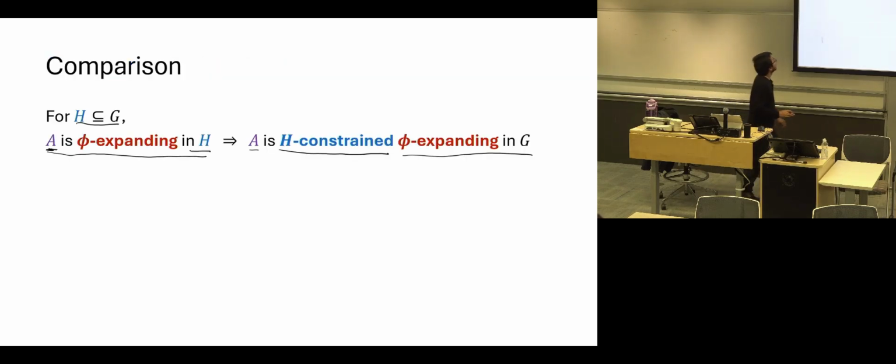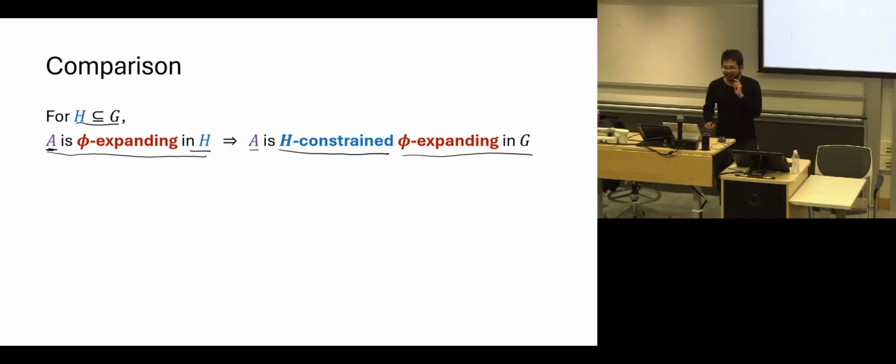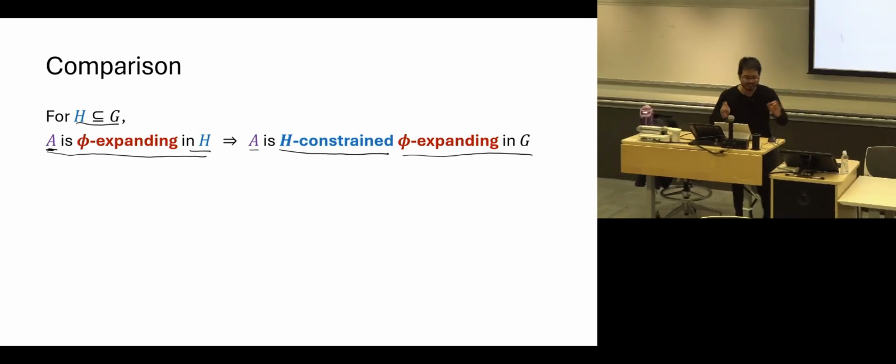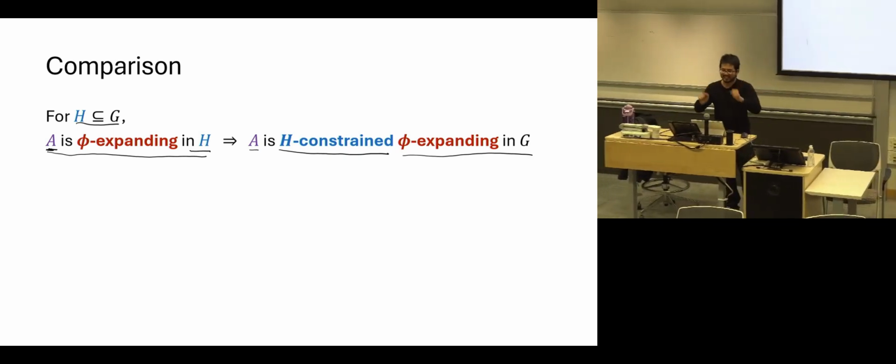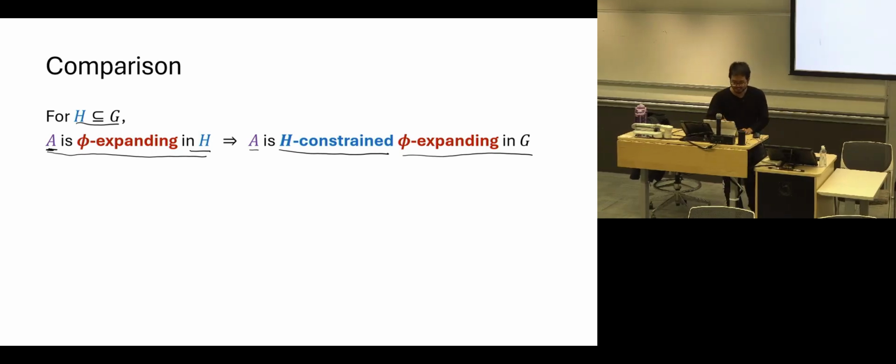Like, when A is expanding in H, we just try to route demand that is H-constrained, and this is routable in H. And here, when A is H-constrained phi expanding in G, we try to route demand that is H-constrained too, but we now can route in G.